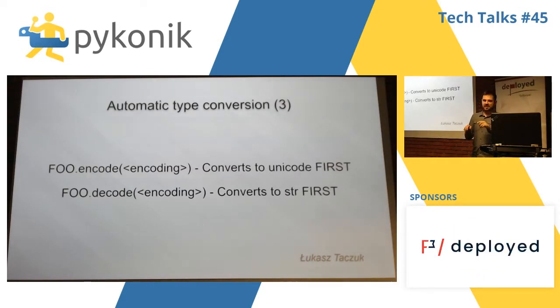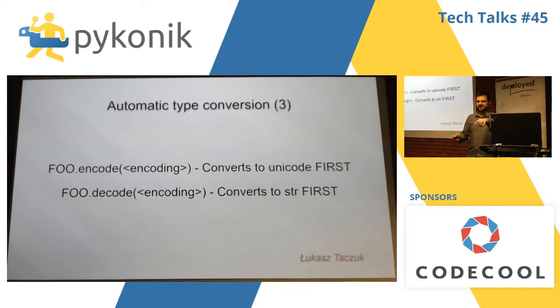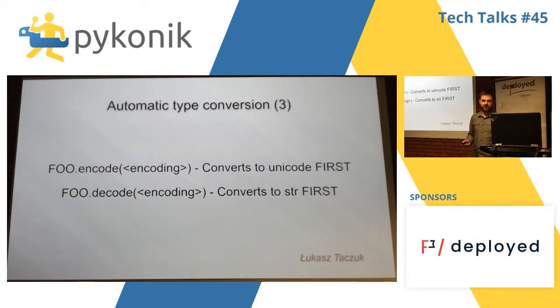If you want to encode something, foo, which has had the encode method called on it, will first convert the foo object to Unicode, meaning that the encode method actually does decode of self and then encode to UTF-8, for example.